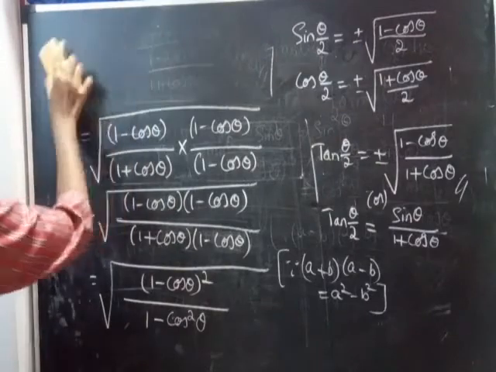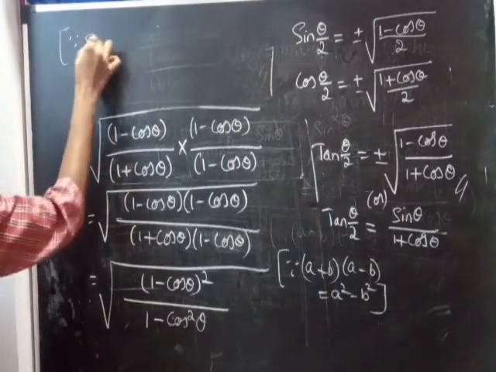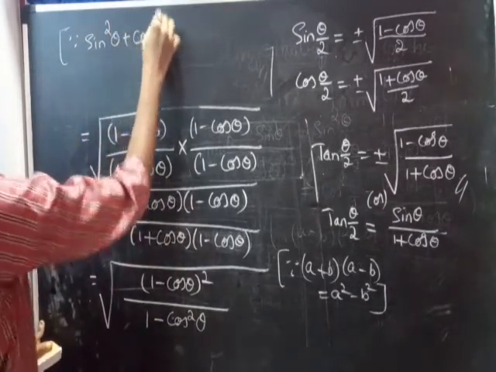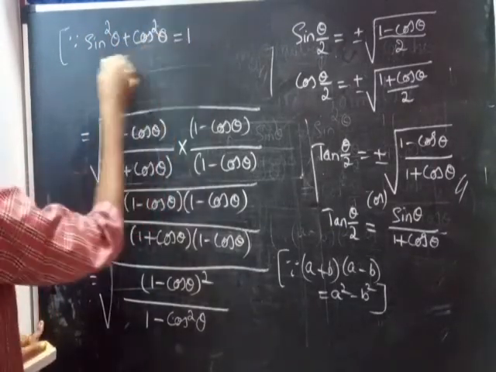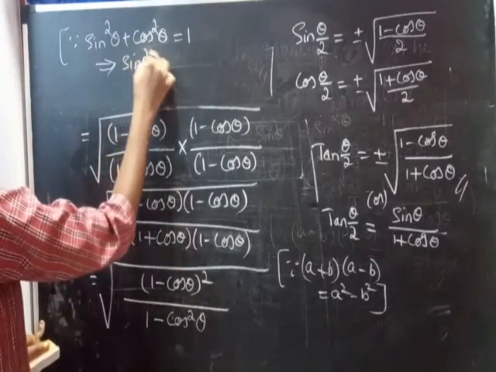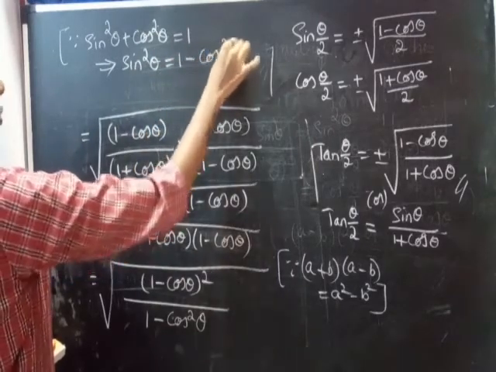Since we know that sin square theta plus cos square theta is equal to 1, then sin square theta is equal to 1 minus cos square theta.